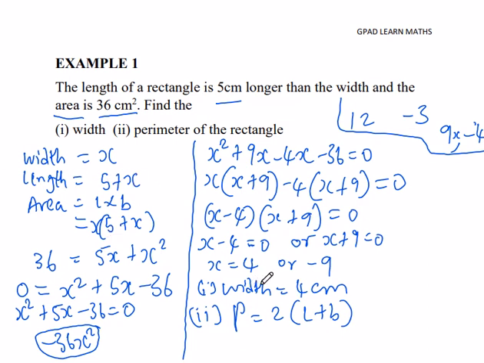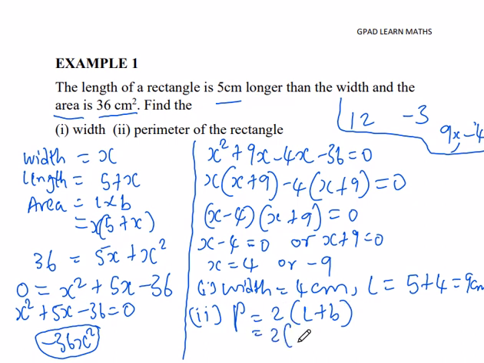So if my width is 4 centimeter, my length L will be 5 plus x, which is 5 plus 4, and this is 9 centimeter. Beautiful. Good. So substitute the length and breadth into this formula.